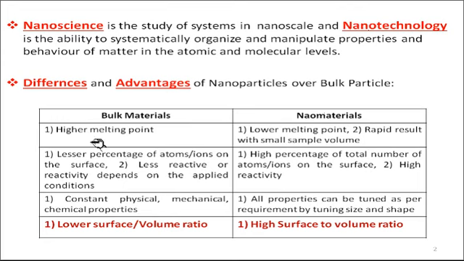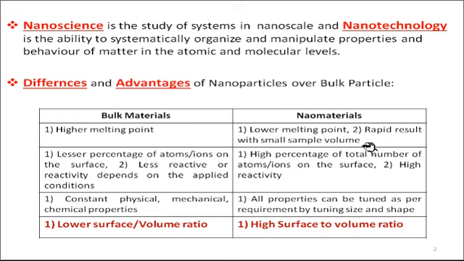Like here you can see, in the case of bulk materials, bulk materials have a higher melting point, but when you compare with their nano counterpart, the melting point is lower in the case of nano, right? Then in the second point you can find, it is rapid result with small sample volume.